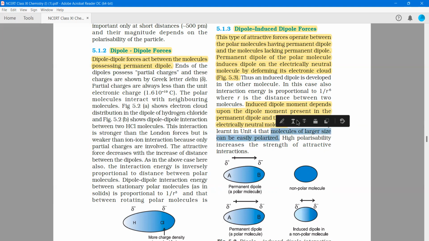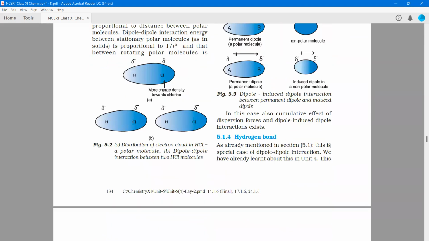When you have a large molecule, that means you have large orbitals, and the electrons are very much dispersed, and that is why you can easily polarize large molecules, because the orbitals are dispersed. High polarizability increases the strength of attractive interaction.